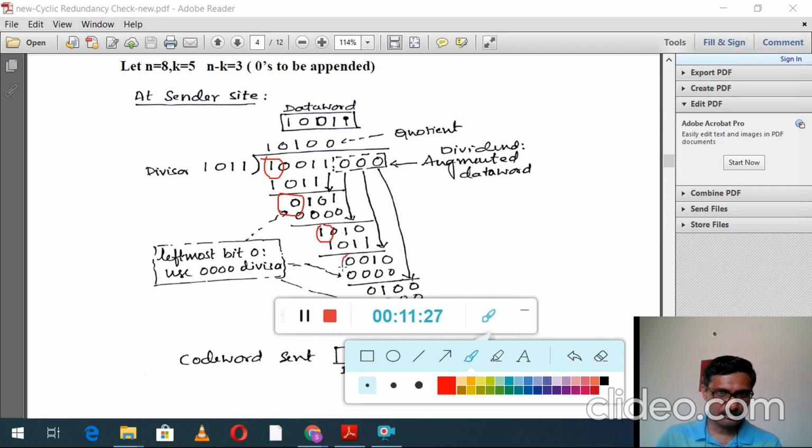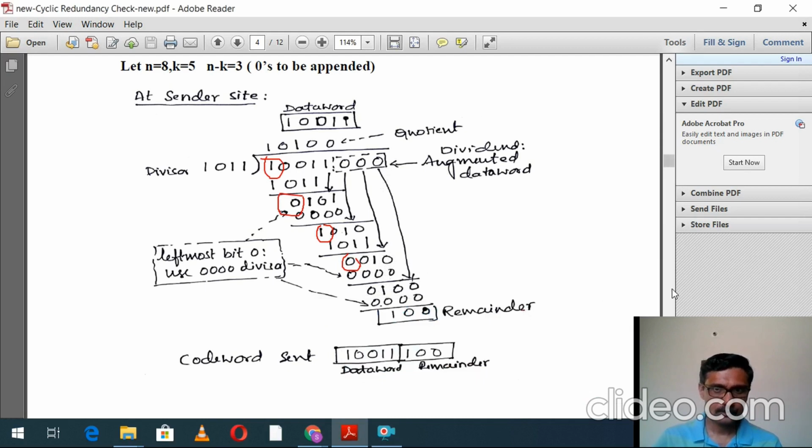Since the leftmost bit is again 0, you have to take 0, 0, 0 as the divisor. 0 XOR 0 is 0, 1 XOR 0 is 1, 0 XOR 0 is 0. And this 0 is taken here. At the end, 0, 0, 0, 0 is taken as the divisor because the leftmost bit is 0.